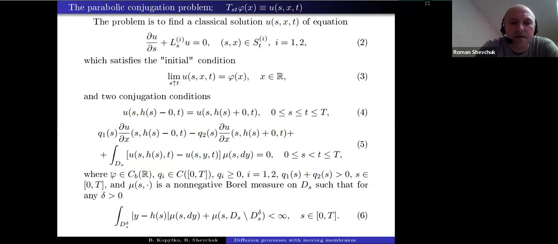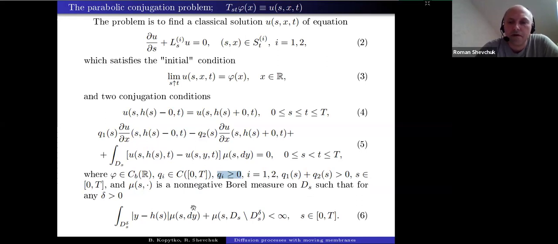Here, the function phi is bounded and continuous on the line R. The functions q1 and q2 are continuous on the closed interval [0,T], and furthermore q1 and q2 are non-negative, and their sum is positive for every s. The measure mu is a non-negative Borel measure on D_s, such that for any positive delta, the inequality 6 holds.